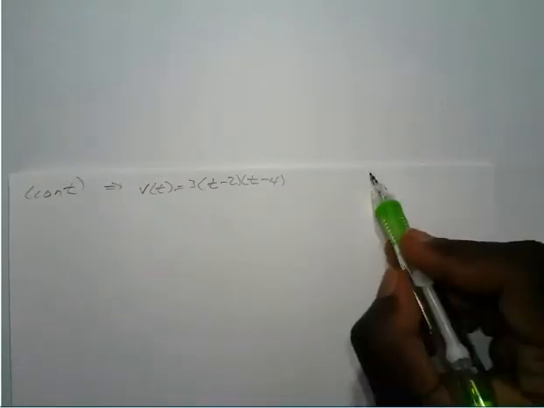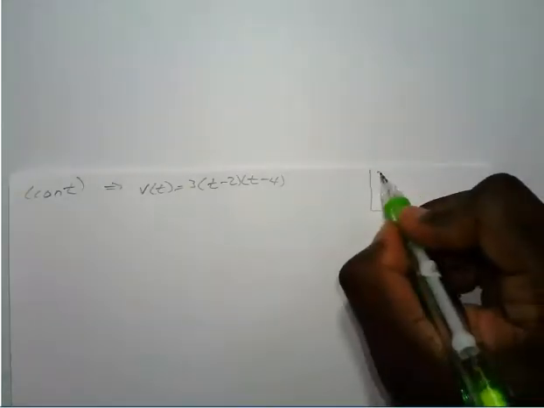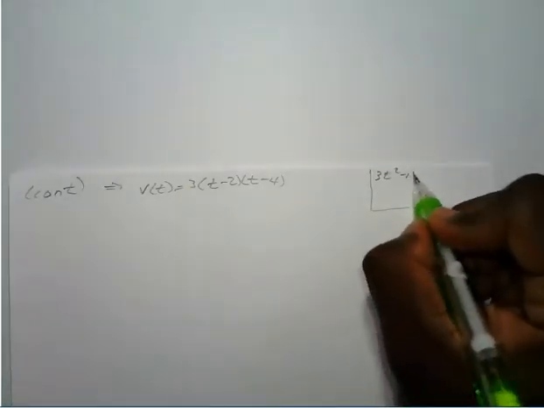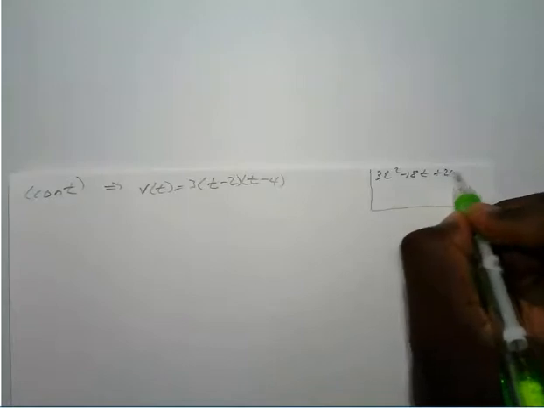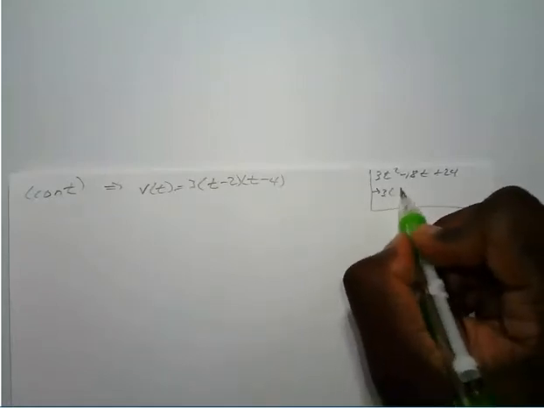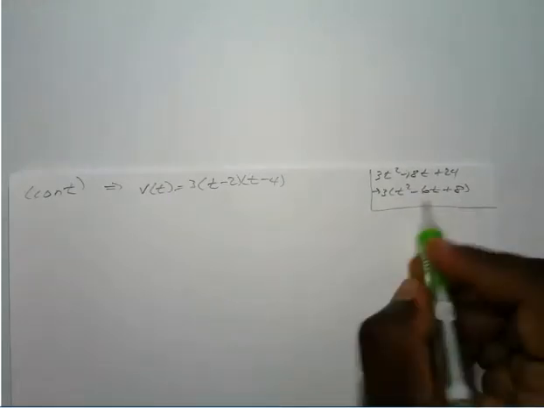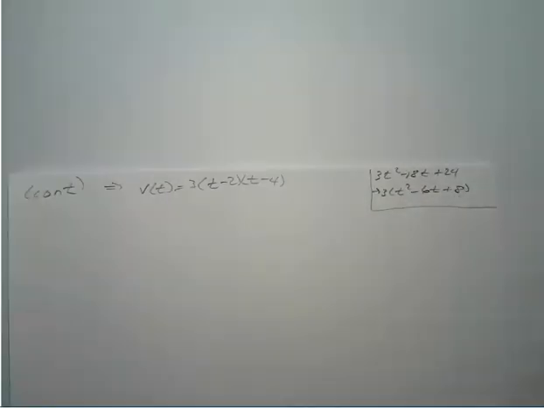All I did really was take 3t squared minus 18t plus 24, make that 3 times (t squared minus 6t plus 8), and then factor that part.